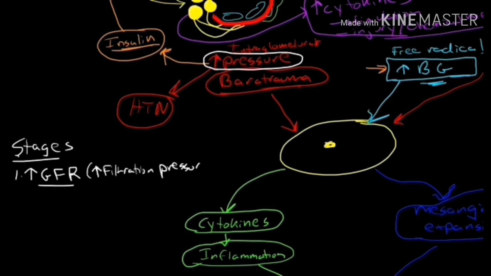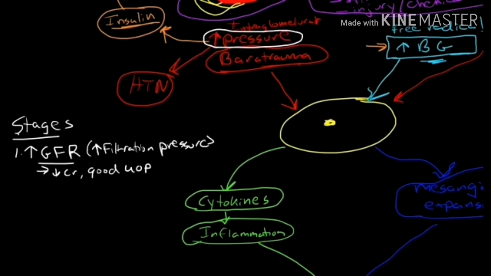So with an increased glomerular filtration rate, things actually look really good because we have a really low creatinine, we're making plenty of urine. However, this is due to the early stage of the disease. Okay, so that's related to increased pressure. Now the second stage of the disease is when we have detectable proteinuria.